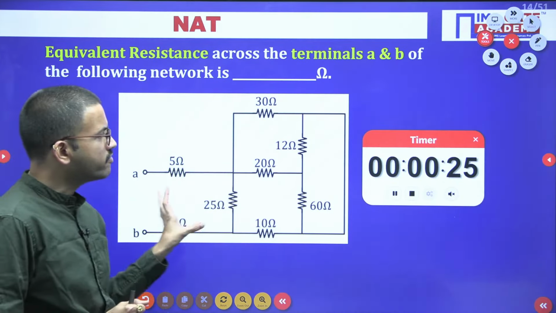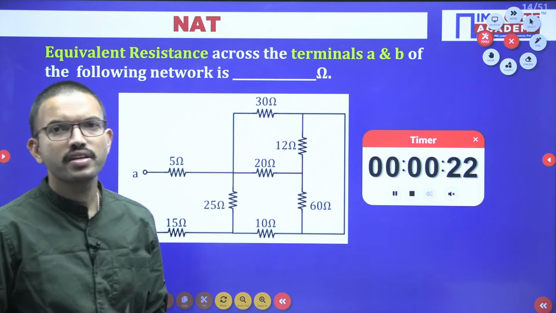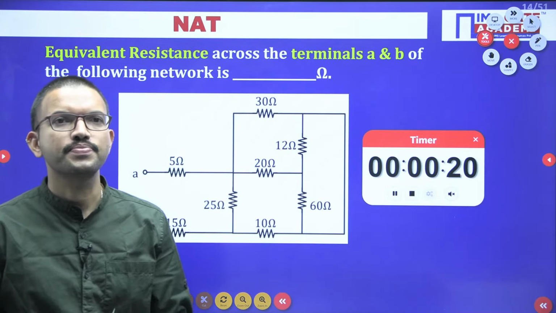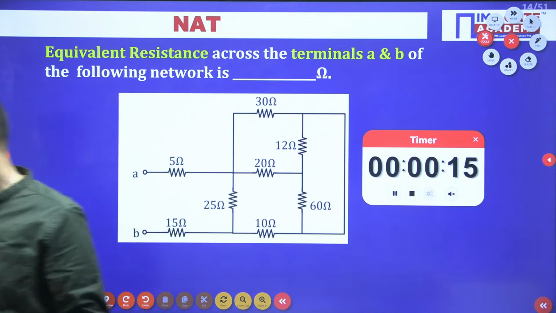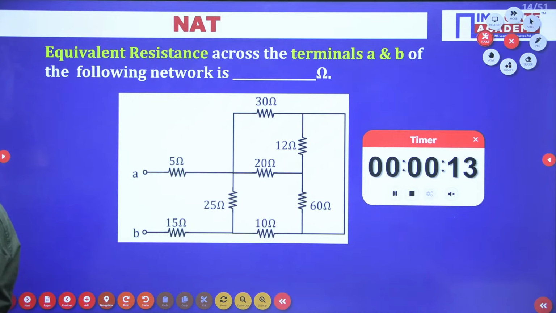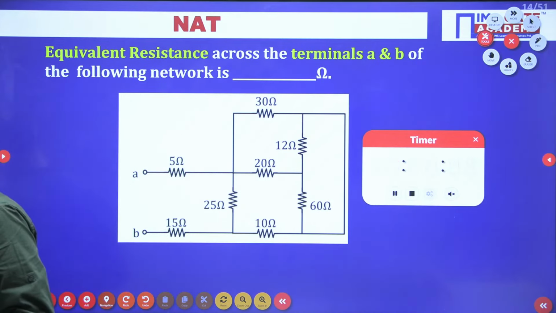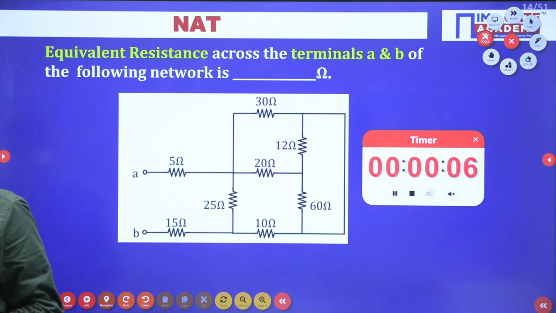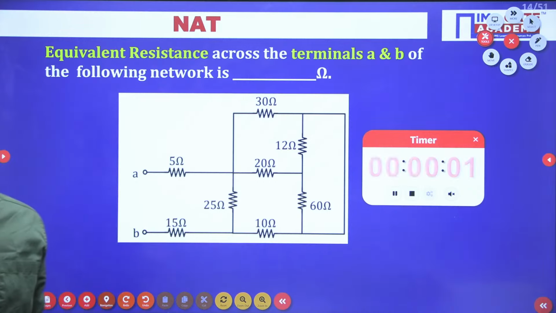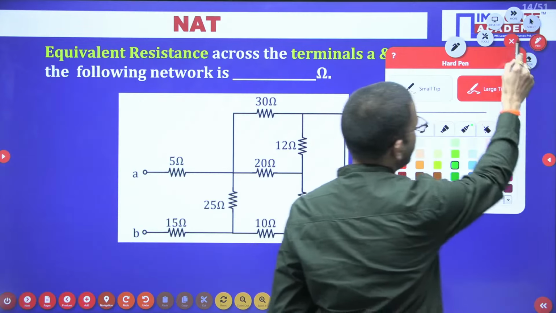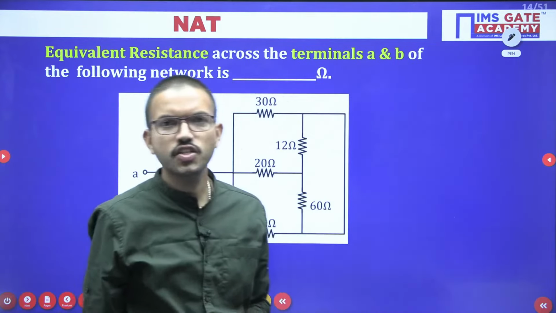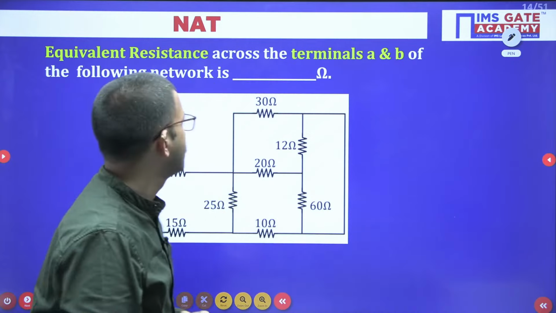Ritin, in order to find the simplified network, which concept have you used regarding the equivalent circuits of resistors? Yeah, time up. Whoever is still trying, after solving this question, whatever answer you get, you can mention it in the chat, right?